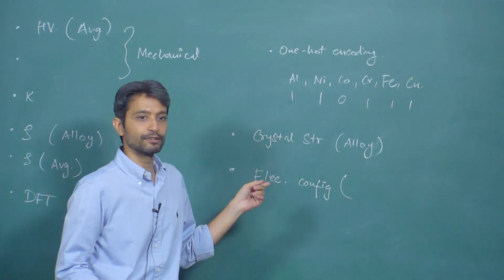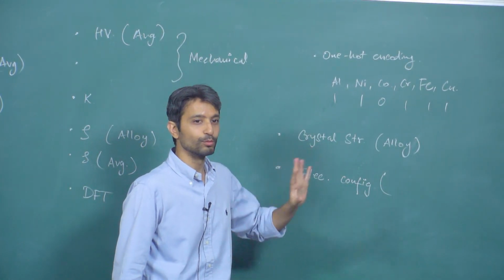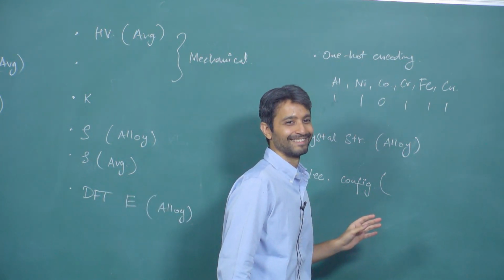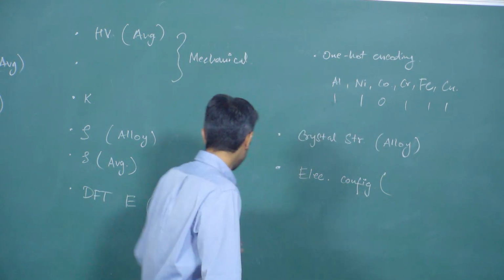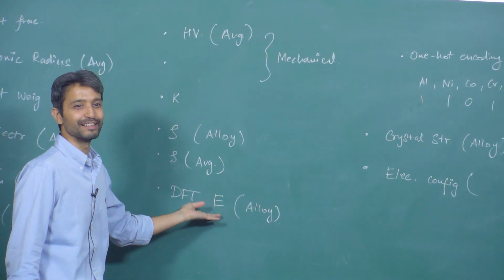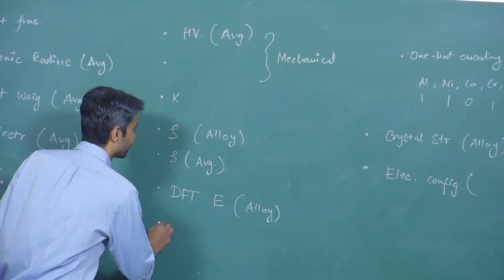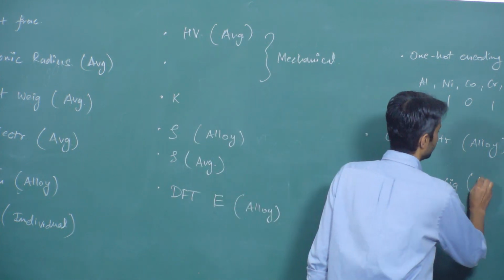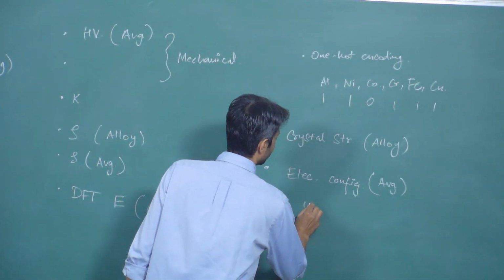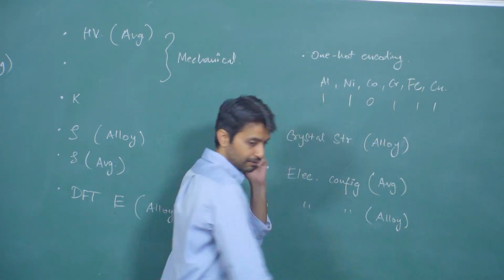You can also look at electronic configuration of the alloy through DFT and so on. Both are possible, but which one do you want? Yeah. So I will put one as average over elements and then the same thing at an alloy level.